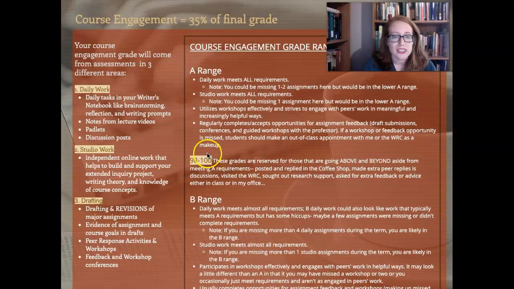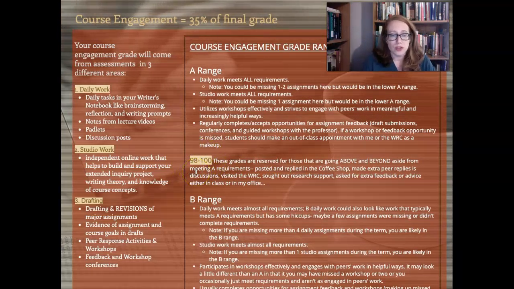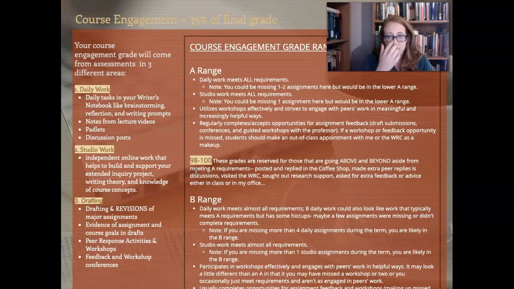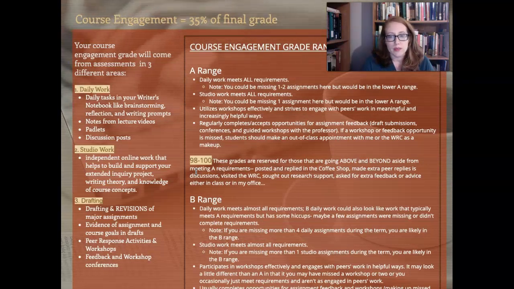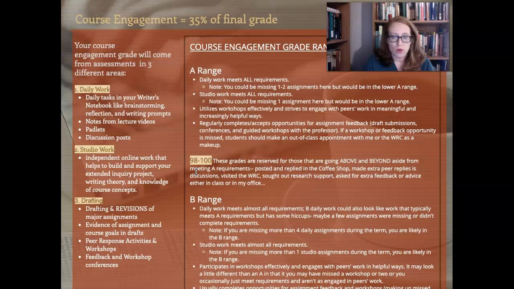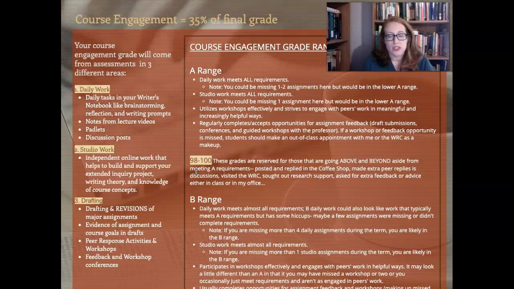I do want to differentiate this 98 out of 100. If you're turning in everything, you're probably doing pretty well in the class. I do set aside the grades of 98 to 100 in terms of course engagement for people that are really doing above and beyond, aside from just what's being asked for an A. They are regularly participating in our coffee shop forum, asking questions or posting things from their research.